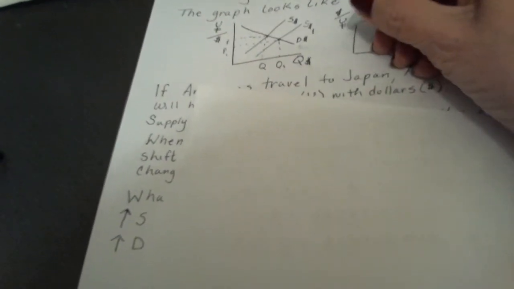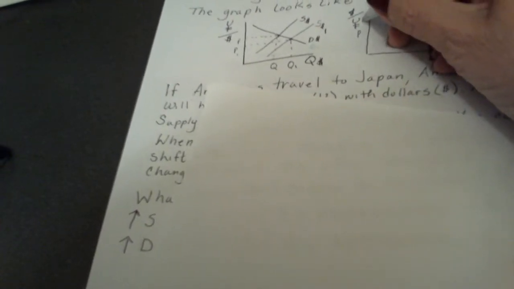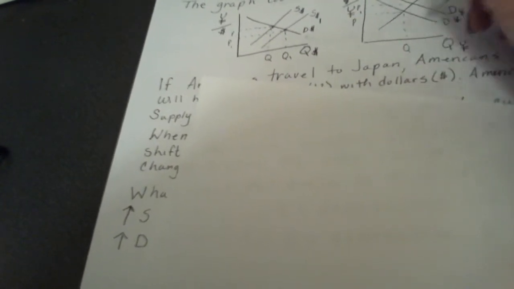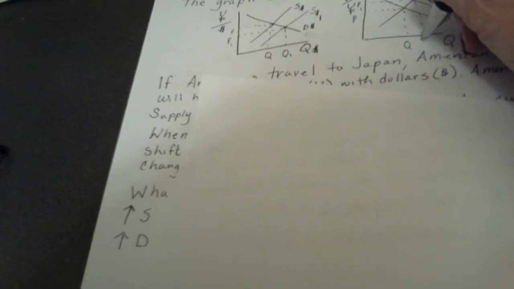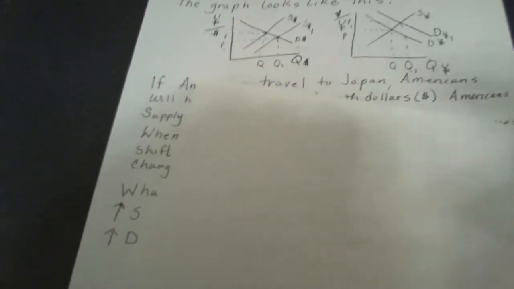What happens to yen? This was P for yen. This is P1 for yen. This is the quantity of yen originally. This is the new quantity of yen.